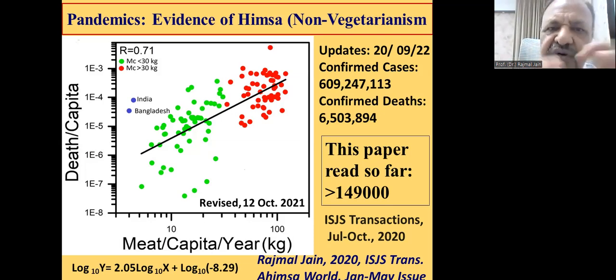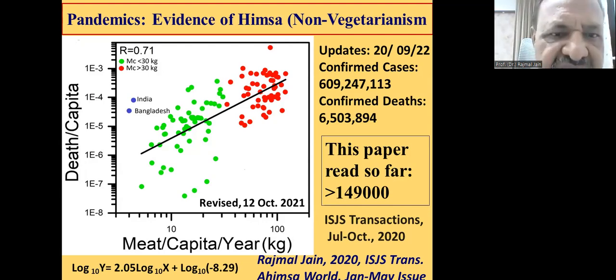So total 120 countries. Mathematically, the first order error is square root of 100 divided by n. N is 120 countries, so it is less than 10% error.